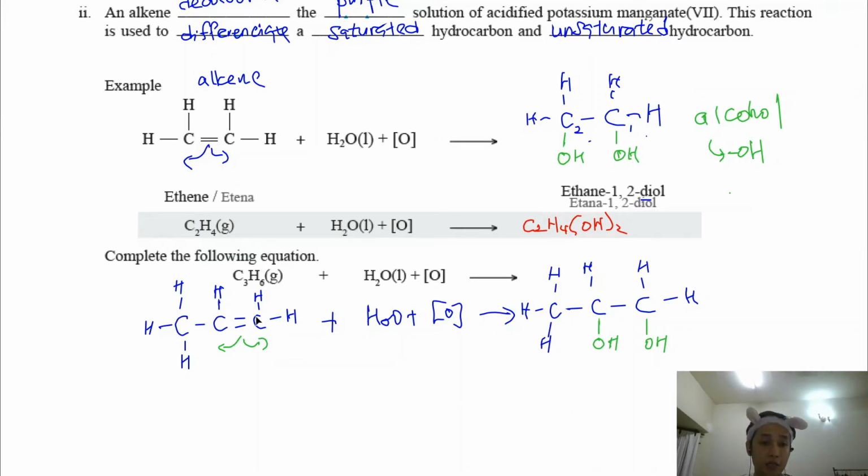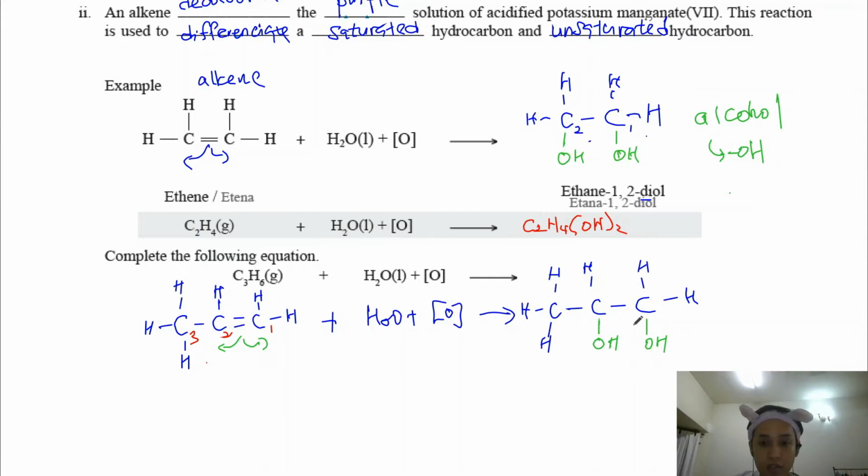Now, how do we put the numbers? Which one is carbon 1, which one is carbon 2 and 3? Normally we refer to the double bond. Since the double bond is here, this one is carbon 1, carbon 2, and then this one is carbon 3.